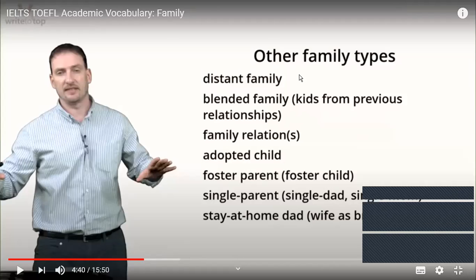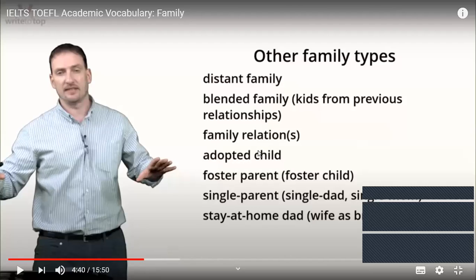That man and woman marry each other, and they have children from previous marriages. Such a marriage is called a blended family.